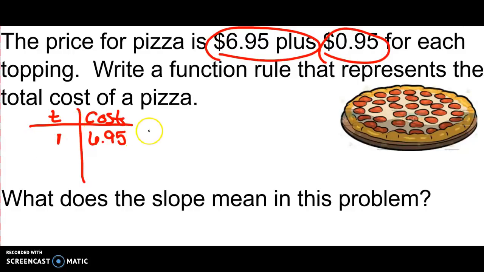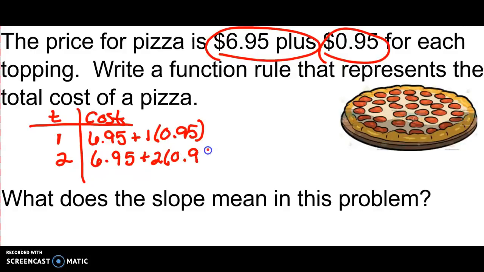I get $6.95 plus one topping at 95 cents. And two toppings, I still have to pay the $6.95 plus two toppings at 95 cents. And then say I get three toppings, it's still $6.95 plus three toppings at 95 cents.